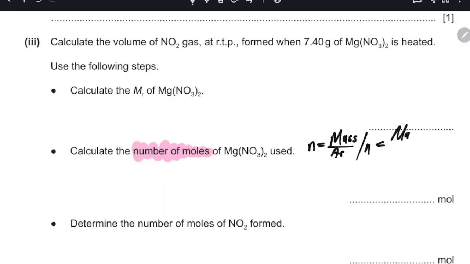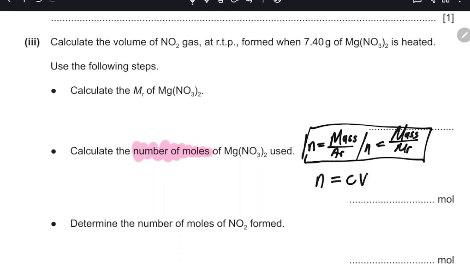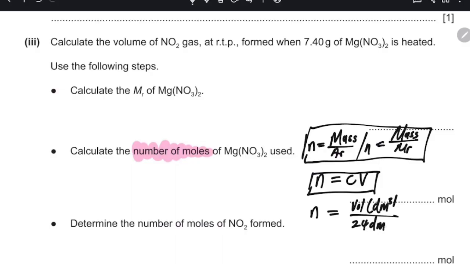This is the first one. Then the second one, number of moles is concentration times volume. The third, number of moles will be equal to volume in dm cubed over 24 dm cubed.